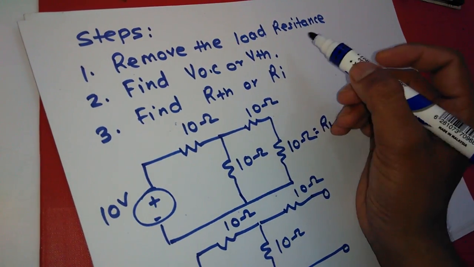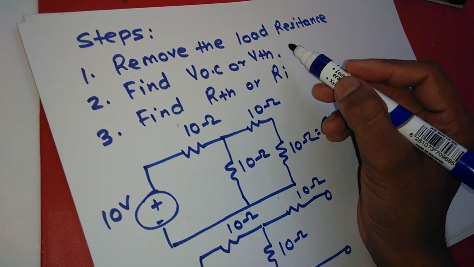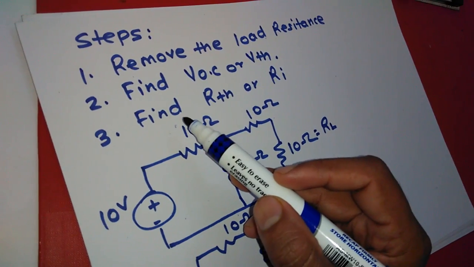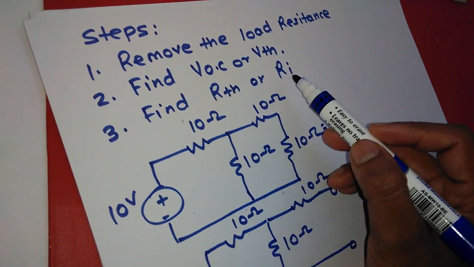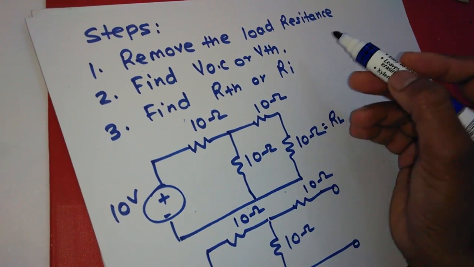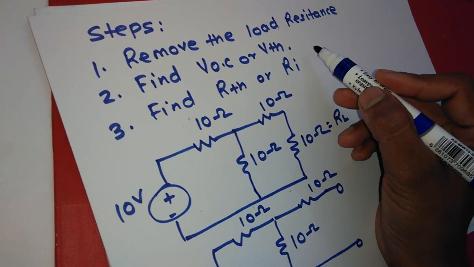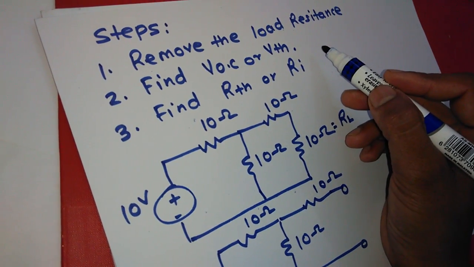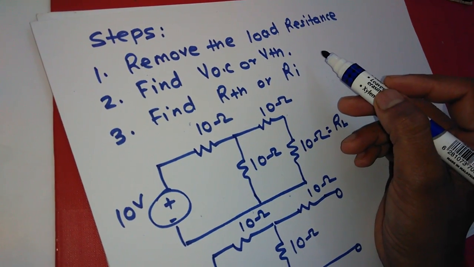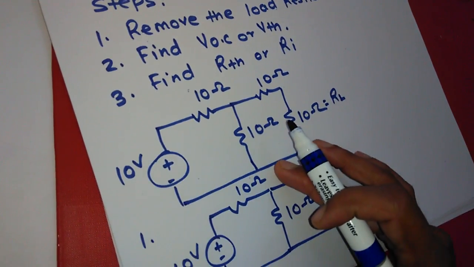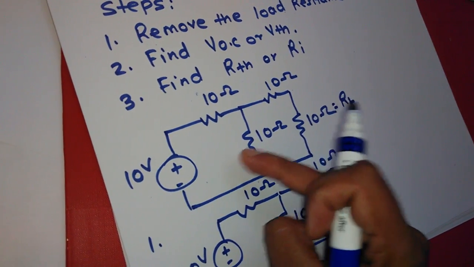That is possible when we find the voltage across the open circuit terminals. The third step is to find RTH or RI, that is the Thevenin resistance, and that is possible when we deactivate all the sources. When deactivating the sources, a voltage source is short circuited and a current source is open circuited. So for better understanding, we can solve one problem by Thevenin theorem.